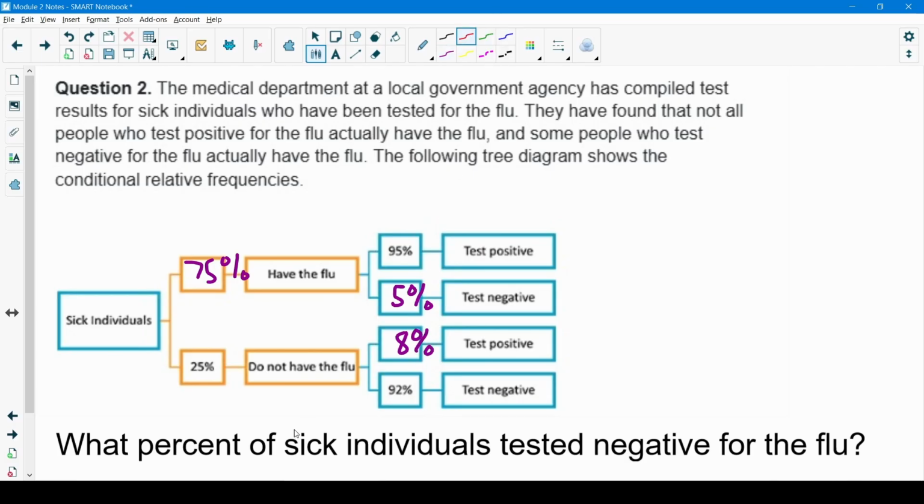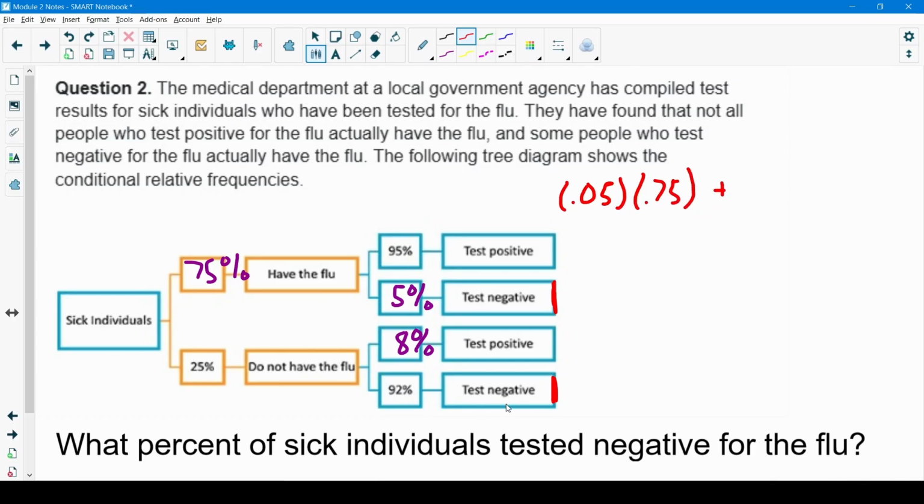And the question asks me what percent of sick individuals tested negative for the flu. So I'll be looking at this part and also this part. And this is telling me that 5% of this 75% tested negative. So that means I'm doing 0.05 times 0.75.